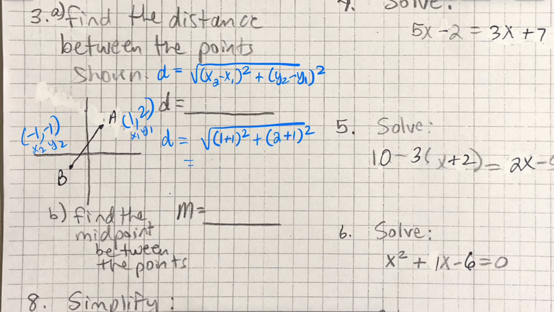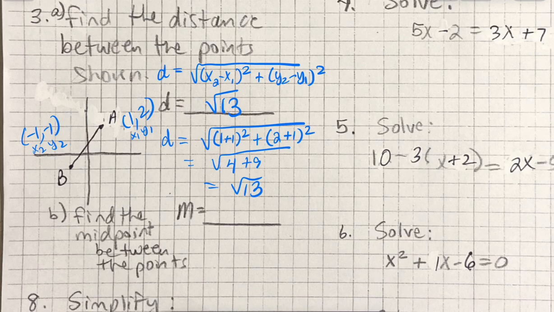Do your quantity first before you take the square root. So 1 plus 1 is 2, 2 squared is 4. 2 plus 1 is 3, 3 squared is 9. We get the square root of 13. Now, if your square root can reduce, reduce it as much as you can and then just stop. That's your answer. I don't want any kind of decimal value. So our answer is square root of 13.